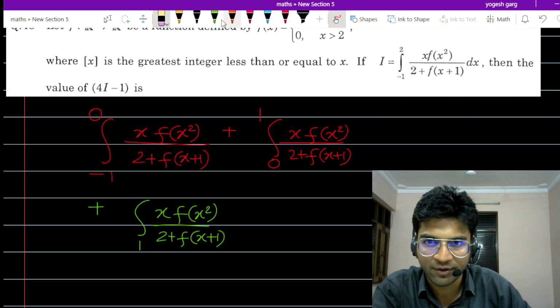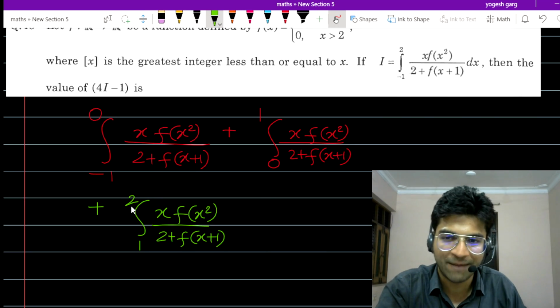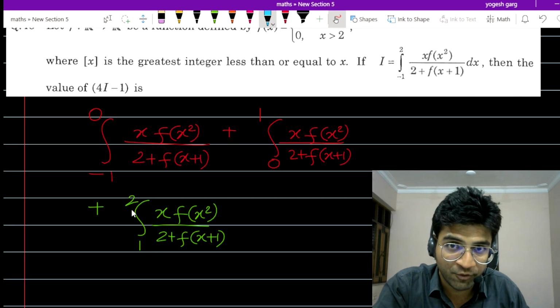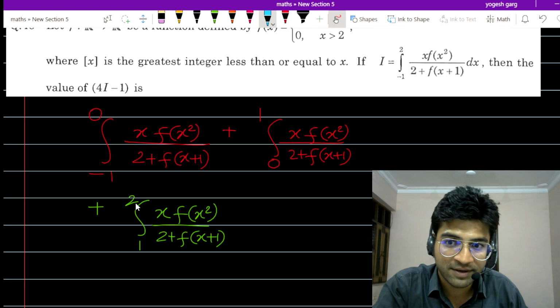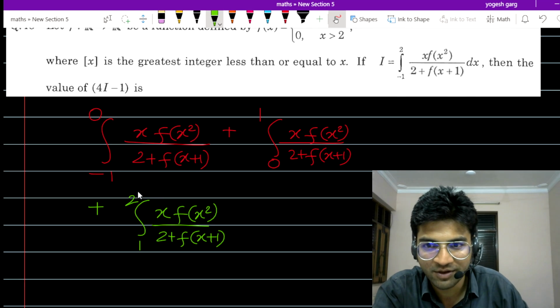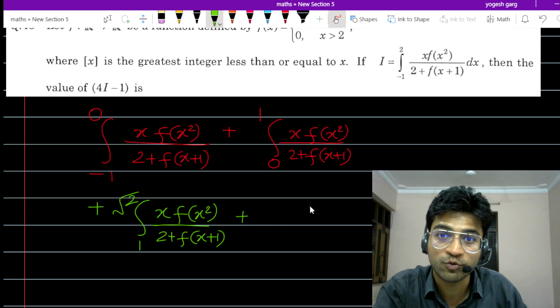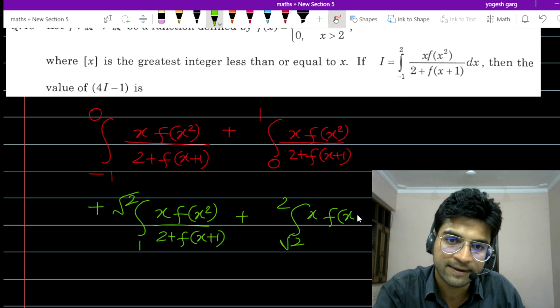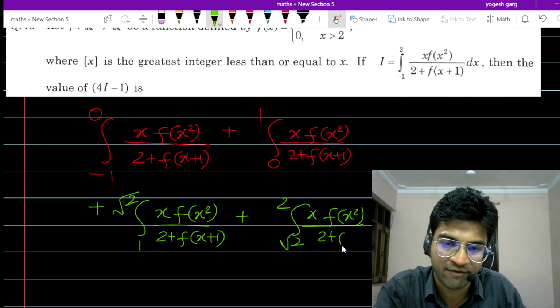Write it that only 1 to 2. Now see what will happen. x square will lie between 1 and 4. So I'm sorry, we have to break. We have to take it as 1 to root 2 and then root 2 to 2. This is what we have to do.